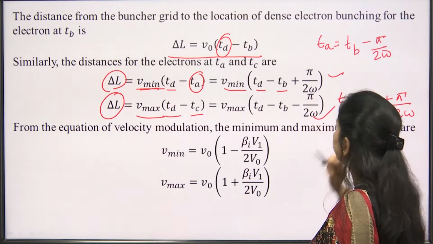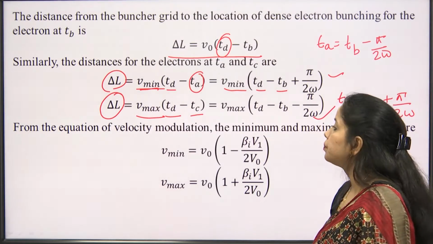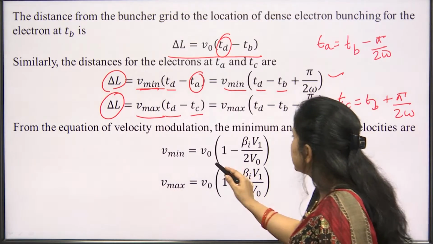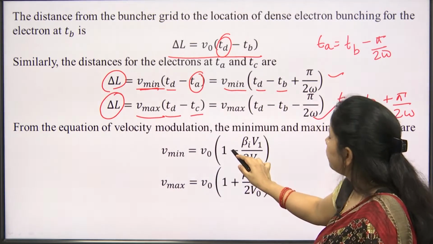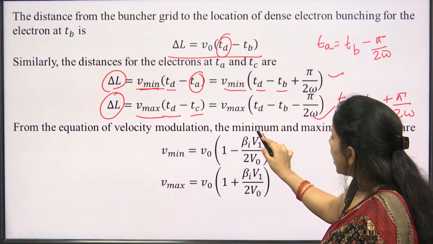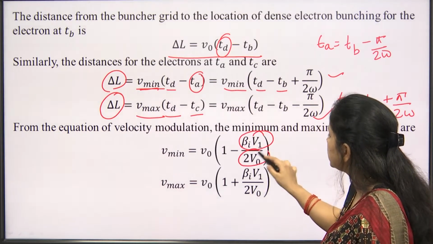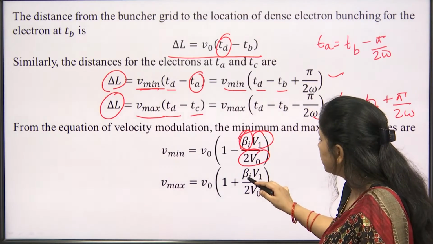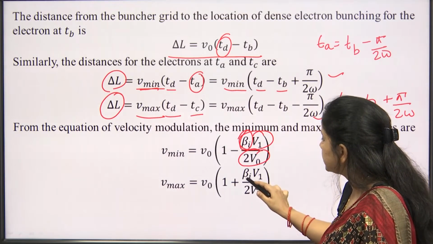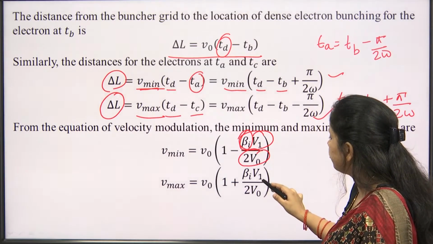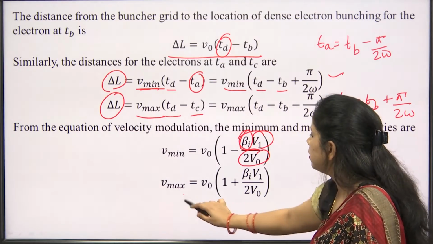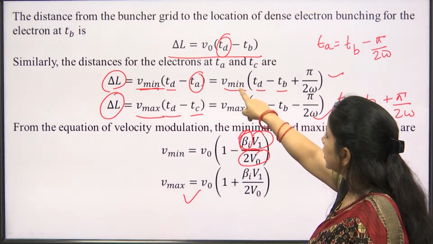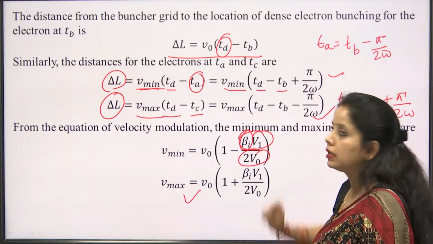So, we have these equations. Now the minimum velocity and the maximum velocity are given by V naught times 1 minus beta I V1 upon 2 V naught, where beta I V1 upon 2 V naught is our depth of modulation, the bunching parameter, for Vmin, and V naught times 1 plus beta I V1 upon 2 V naught for Vmax. In the next step we are going to substitute this Vmin in the first equation and this Vmax in the second equation.